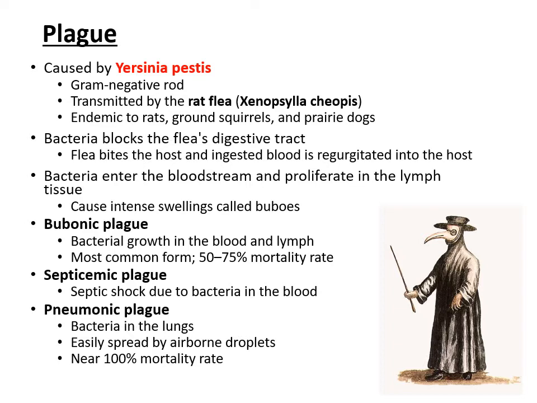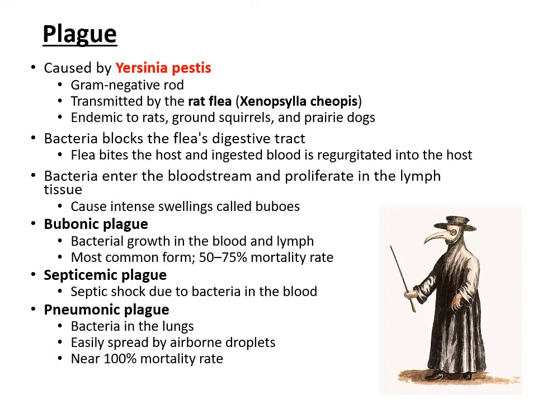Now, with plague, you'll notice that there are three examples there. There's bubonic plague, there's septicemic plague, there's pneumonic plague. So it basically depends, is the bacterial growth in blood and lymph? Is there septic shock? So is your patient going into organ failure?